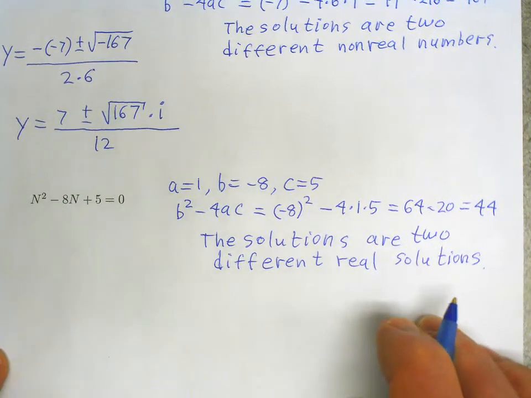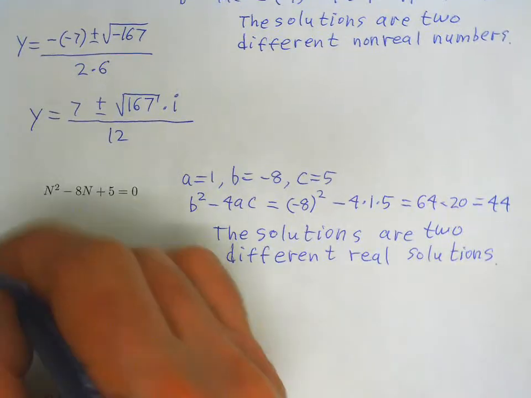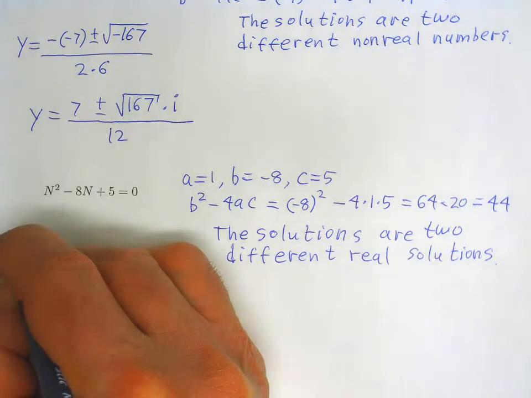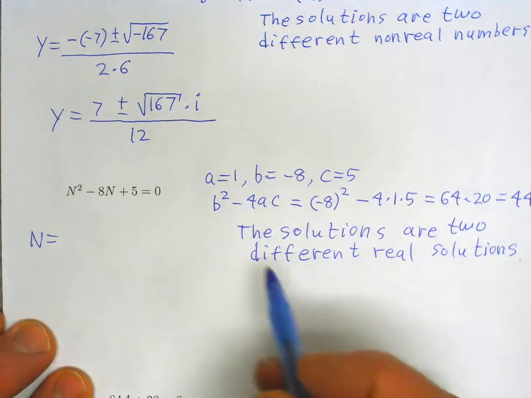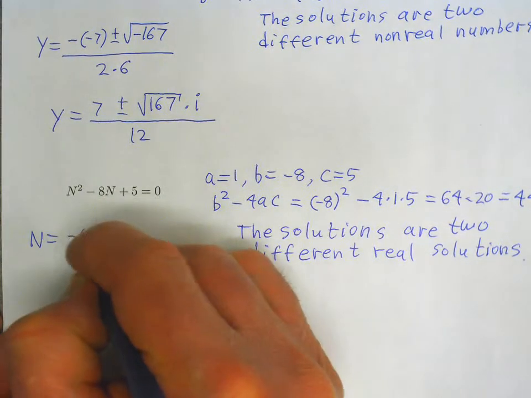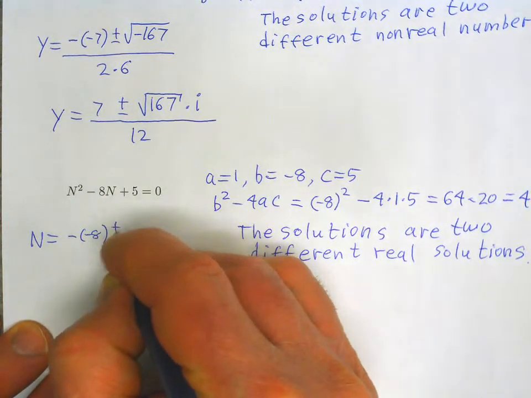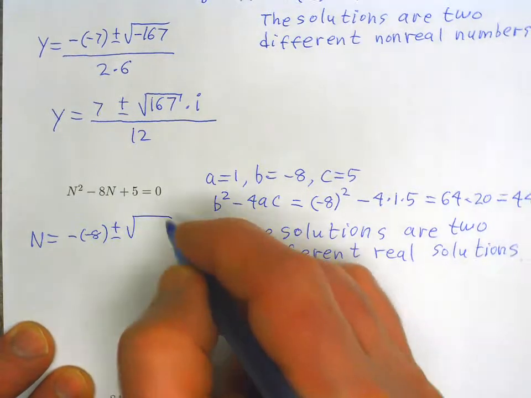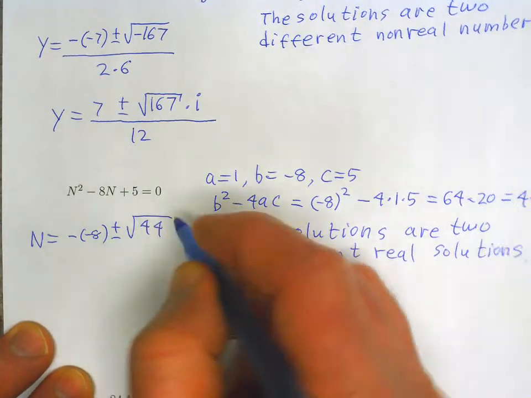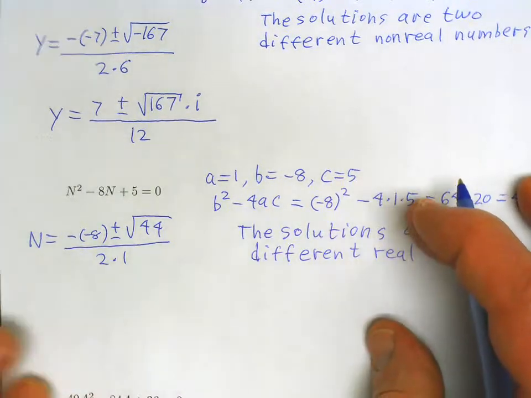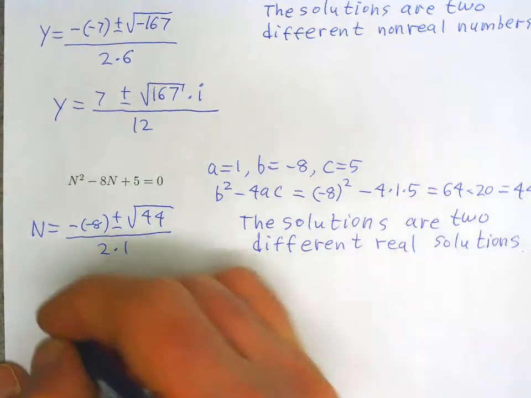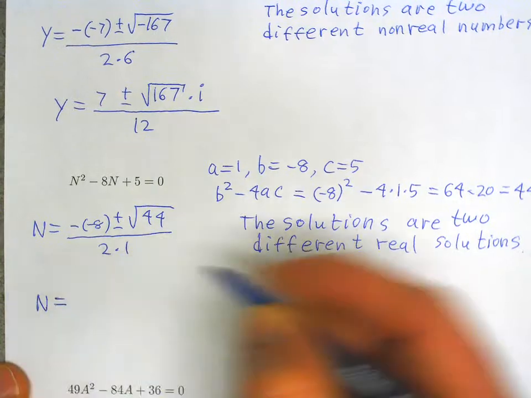Okay, so let's go ahead and find the solutions using the quadratic formula. So n equals the negative of negative 8 plus and minus the square root of the discriminant, which is 44, all divided by 2 times 1. And then do some simplifying.